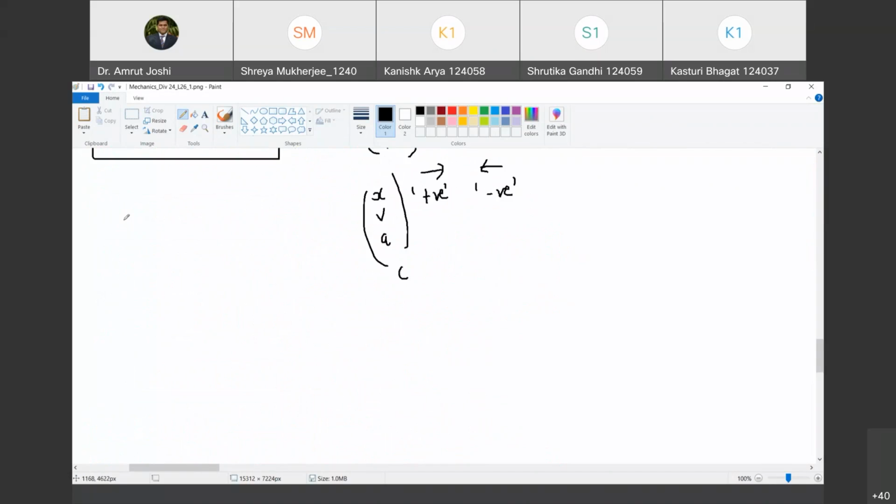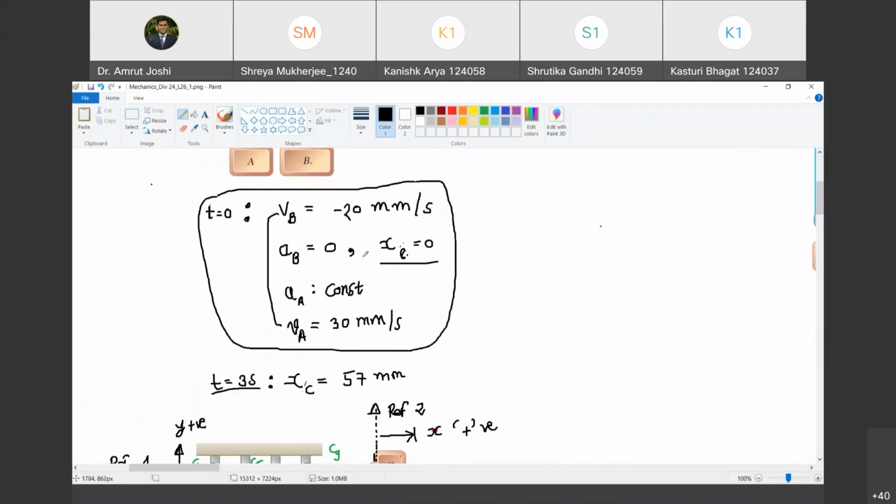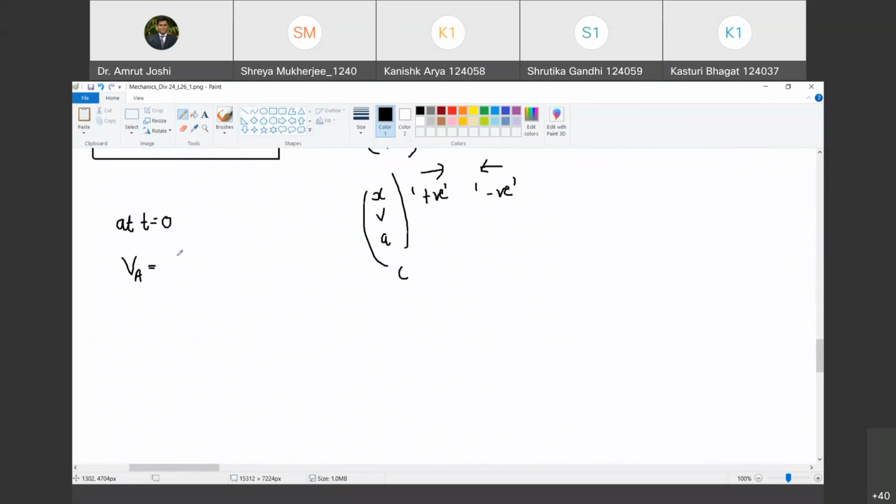So now I write here, at time t equal to 0, what is the velocity of block A? Velocity of block A is 30 mm per second and velocity of block B is minus 20 mm per second. Are you with me? Yes, sir. Happy?